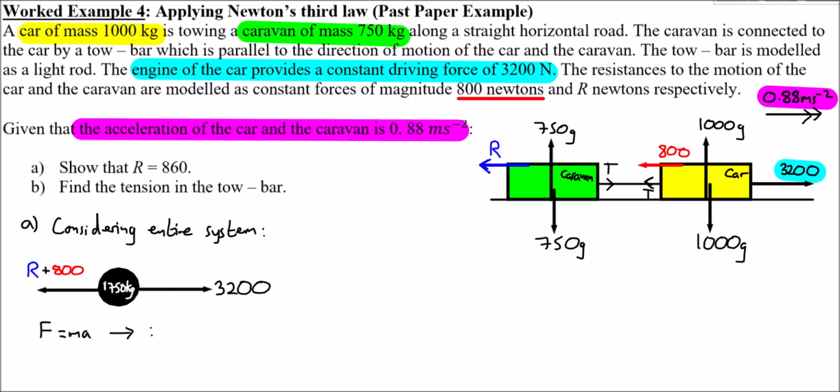So the net force going forward is going to be 3,200, subtract these two. So 3,200 minus R and minus the 800 as well. That's going to equal the total mass of the system, which is 1,750, multiplied by the acceleration, which we've been told is 0.88.